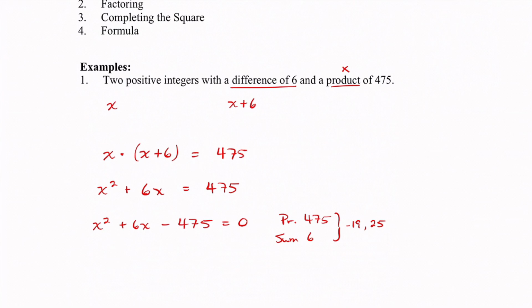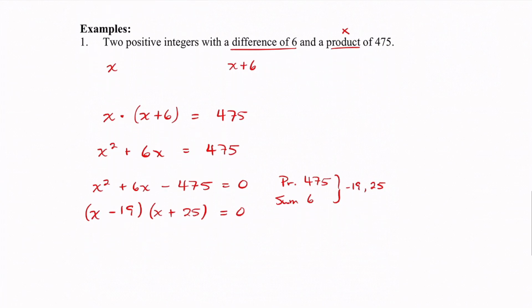So I'm just going to write that here, negative 19 and a positive 25. And with this one, it just breaks apart into those numbers. So x minus 19 and x plus 25. And then don't forget equals 0, still an equation. So to solve this, we just take each of these and set these equal to 0. Some of you might be able to just look at it and kind of know the solutions. So you're going to get x equals 19.